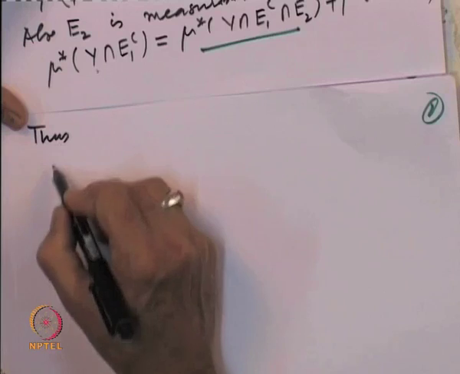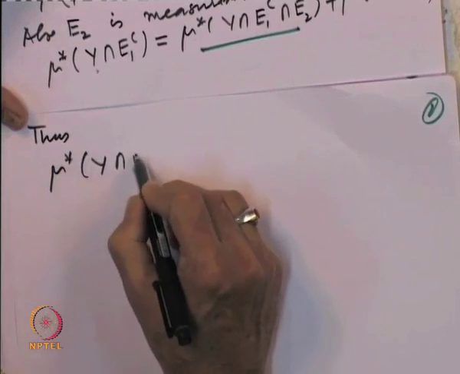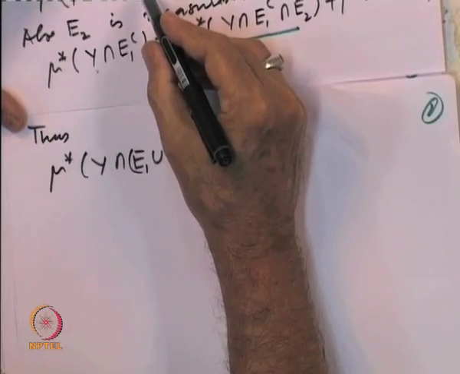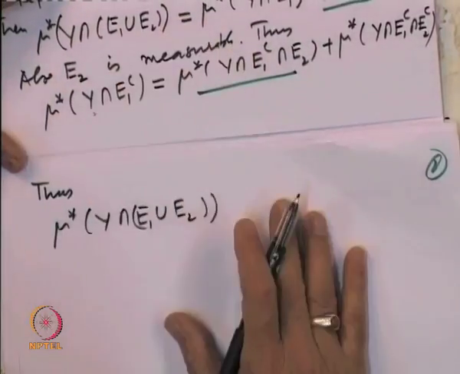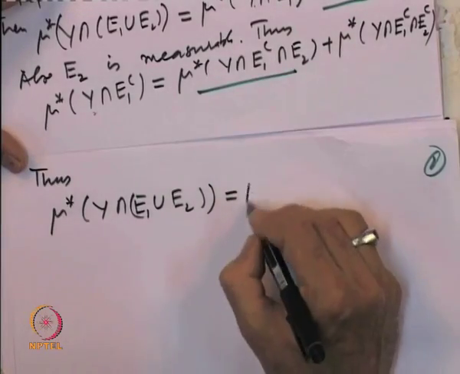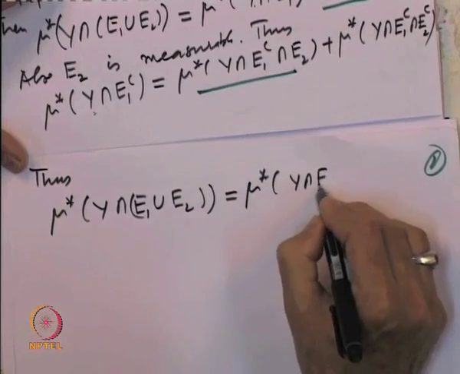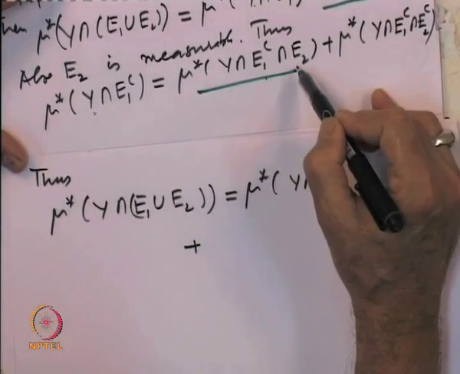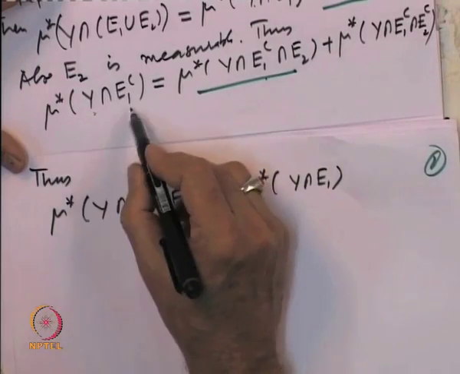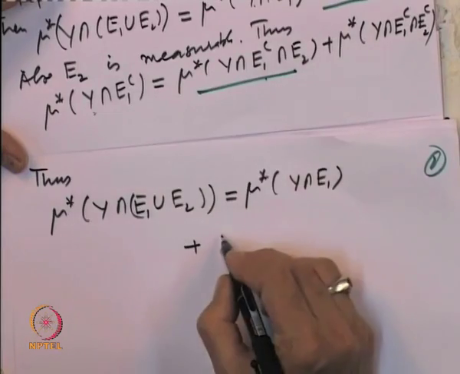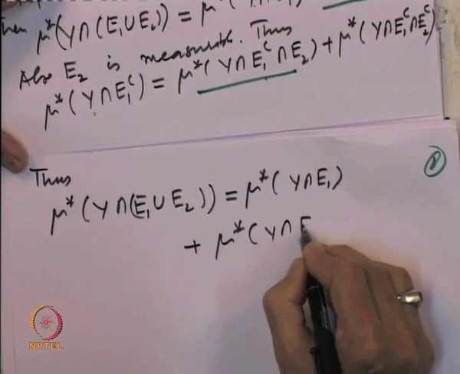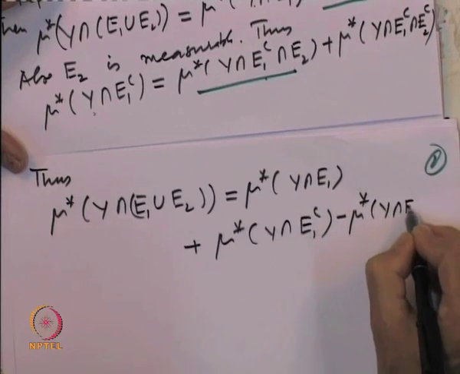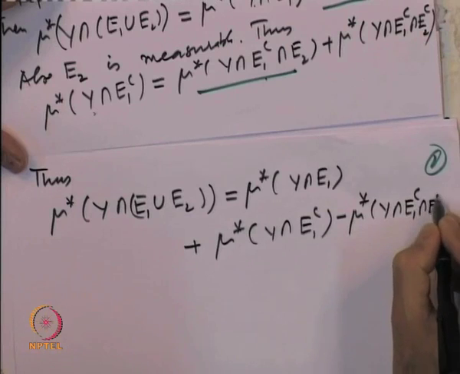mu star of y intersection E 1 union E 2, that is the left hand side of this equation, is equal to the first term, mu star of y intersection E 1, plus the y intersection E 1 complement intersection E 2, which is equal to mu star of y intersection E 1 complement minus mu star of y intersection E 1 complement intersection E 2 complement.